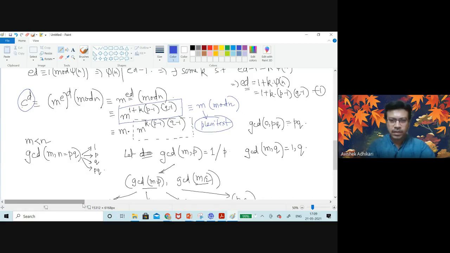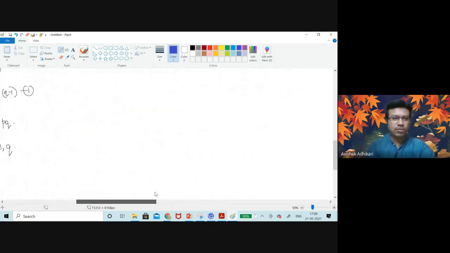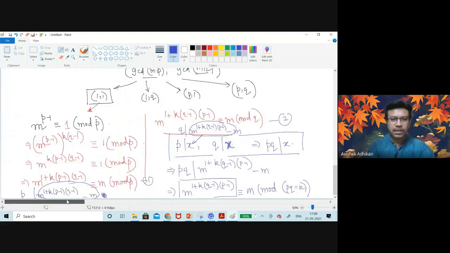Okay. The next part is also now almost trivial, but you need to look at the idea. So now what we need to prove is the remaining cases. Here the case was GCD of m and p was 1, GCD of m and q was also 1. Now have a look at, suppose, GCD of this one.